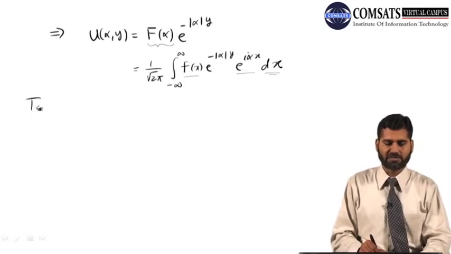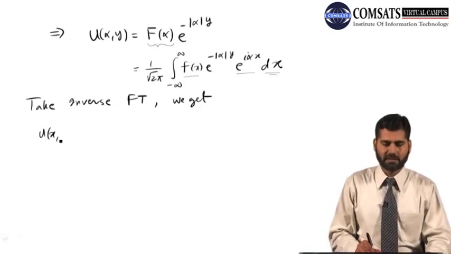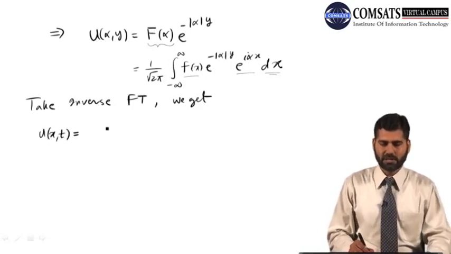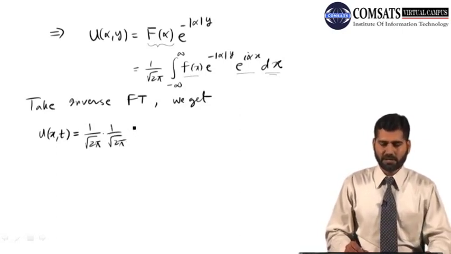Now take the inverse transform. Take the inverse Fourier transform, and we get our u of x, y back. u of x, y is equal to 1 over square root of 2 pi, and there will be one more 1 over square root of 2 pi because of the Fourier inverse transform.